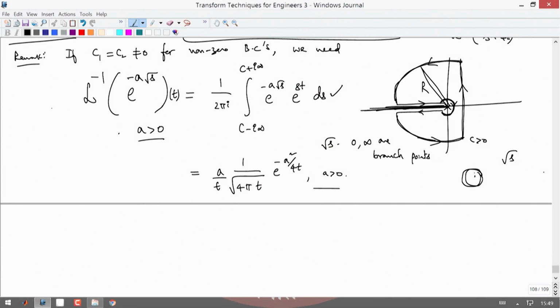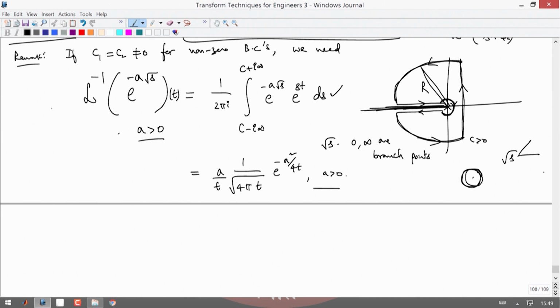Or if you want to understand, you need to know what a branch point is. A branch point is a point such that if you revolve around it, you go to a different branch of this root s. Root s is not a single valued function, it is a multi-valued function. Every time you revolve around this 0 point, the branch point, and come back, you will go to the next branch.